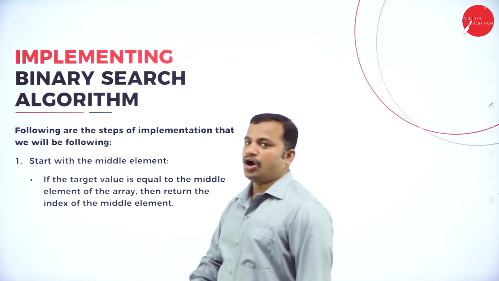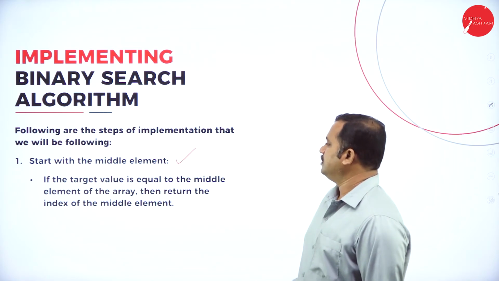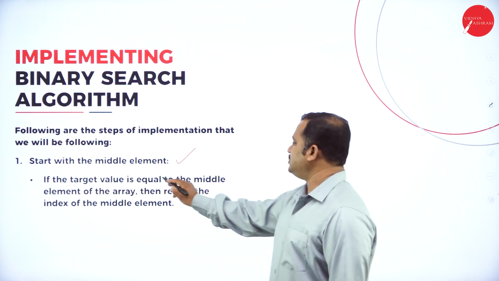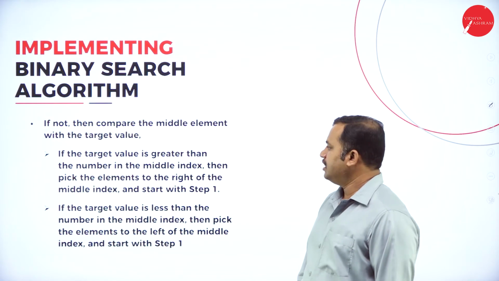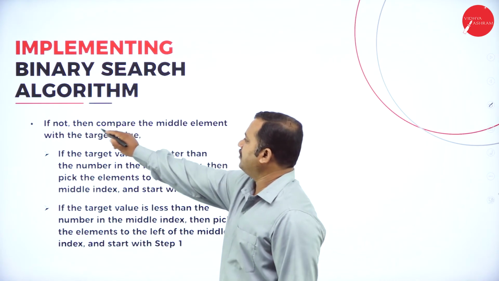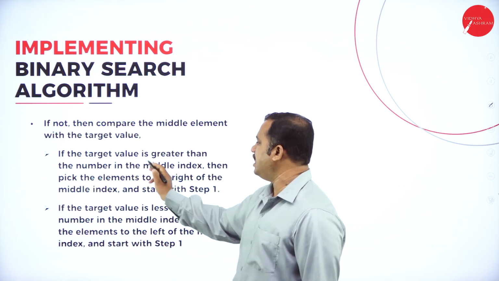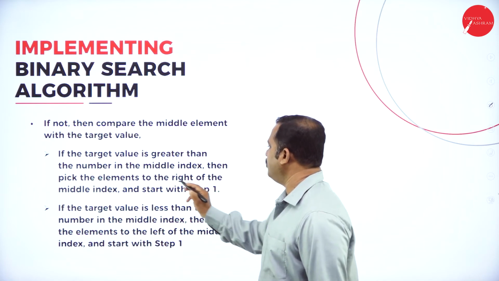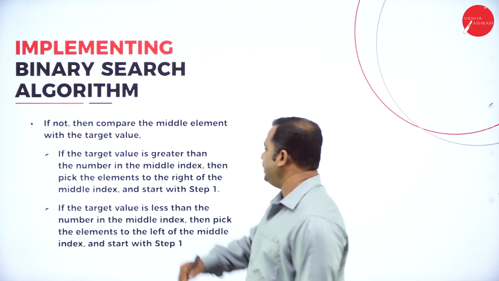Here, how does the algorithm work? Let us see. Start with the middle element. If the target value is equal to the middle element, print that the element is found. If not, move on. If the target element value is greater than the middle element, then shift the left value to the right of the middle index.